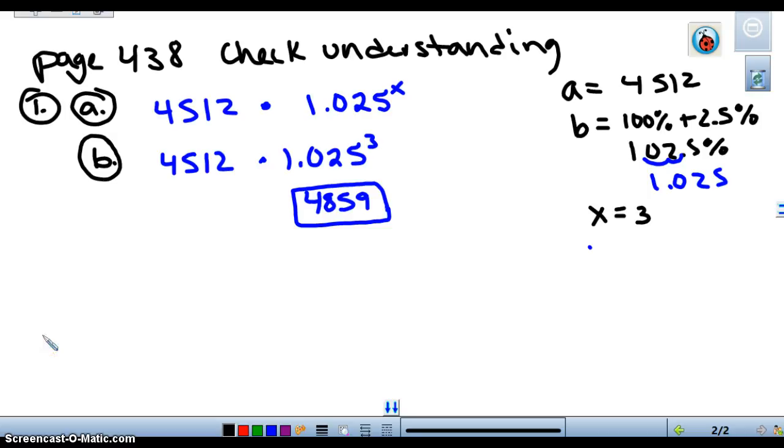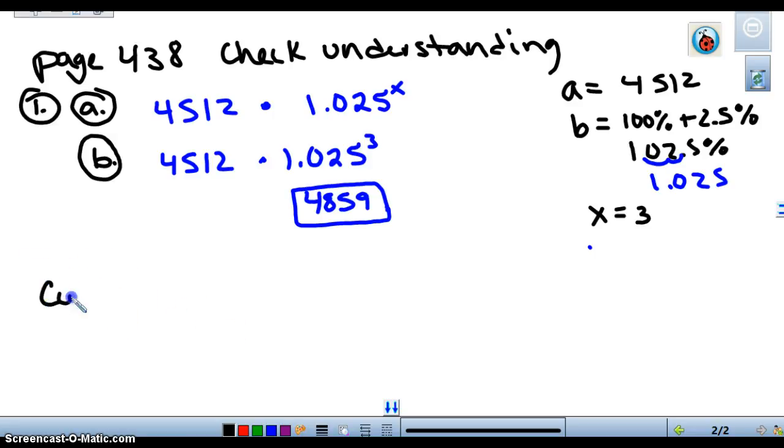When a bank pays interest on both the principal and the interest an account has already earned, the bank is paying compound interest. An interest period is the length of time over which interest is calculated.